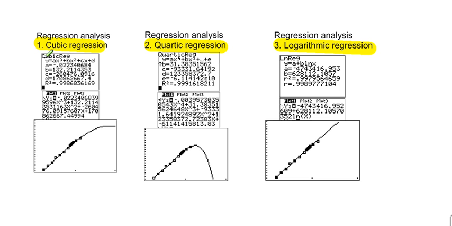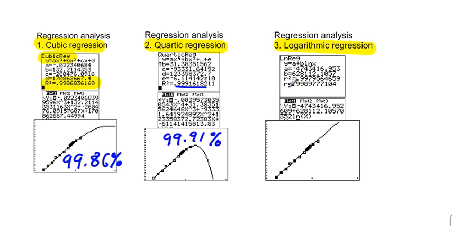The cubic regression gave us a correlation factor of about 99.86%. The quartic regression gave us a slightly better correlation, 99.91%.